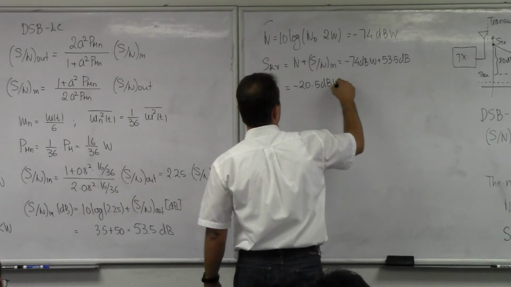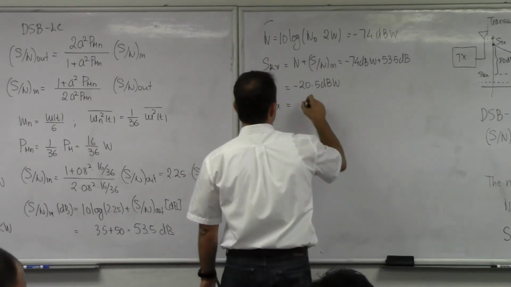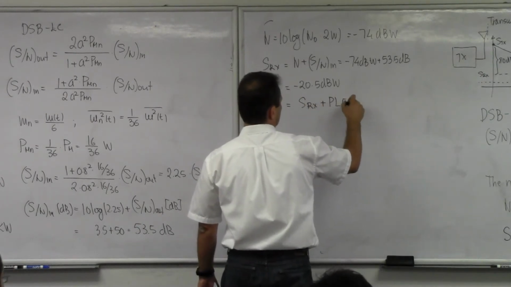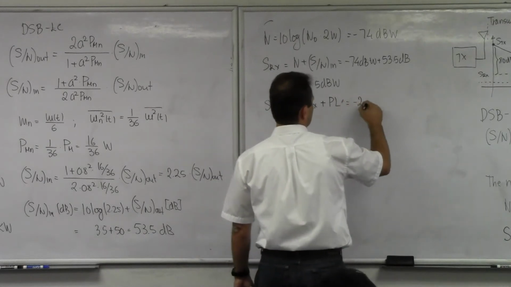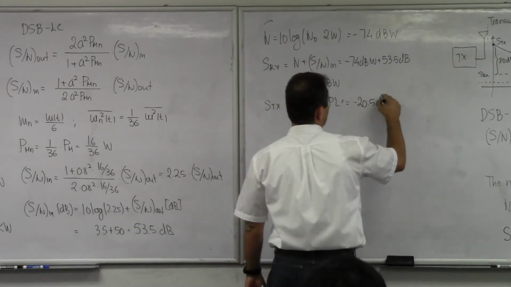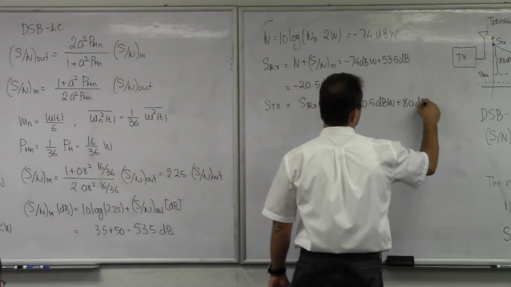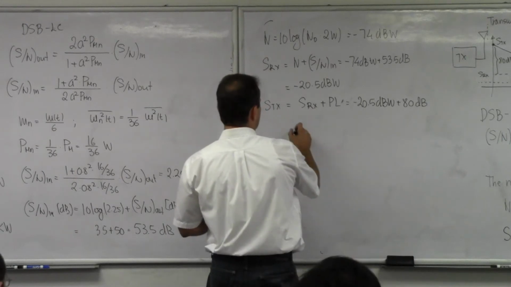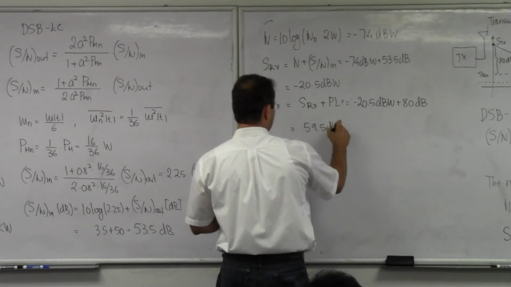And then the signal for transmission is going to be whatever I receive plus the path loss in dB. So in this case, this is minus 20.5 dB watt plus 80 dB that I need to overcome due to the path loss. And this gives me a value of 59.5 dB watt.